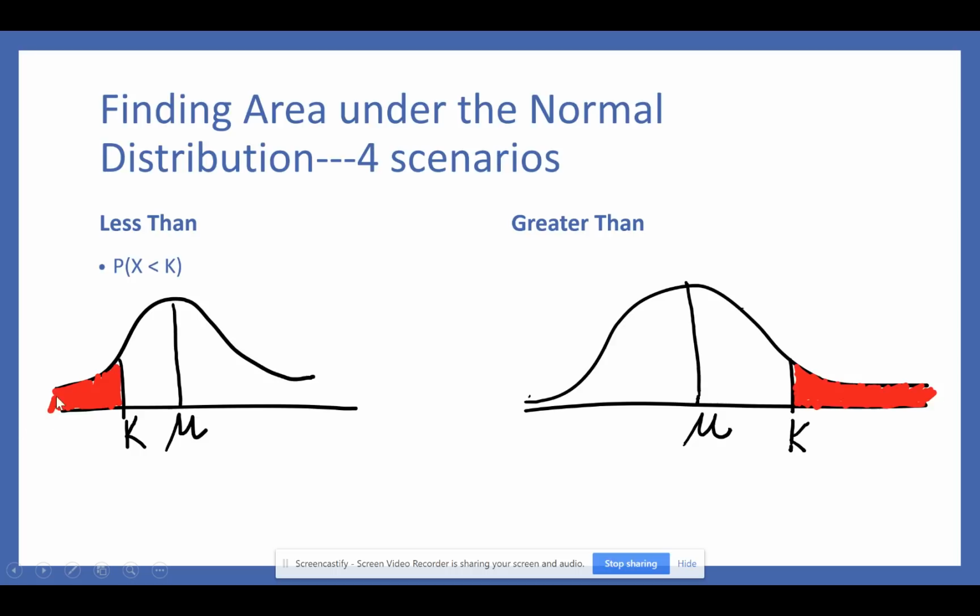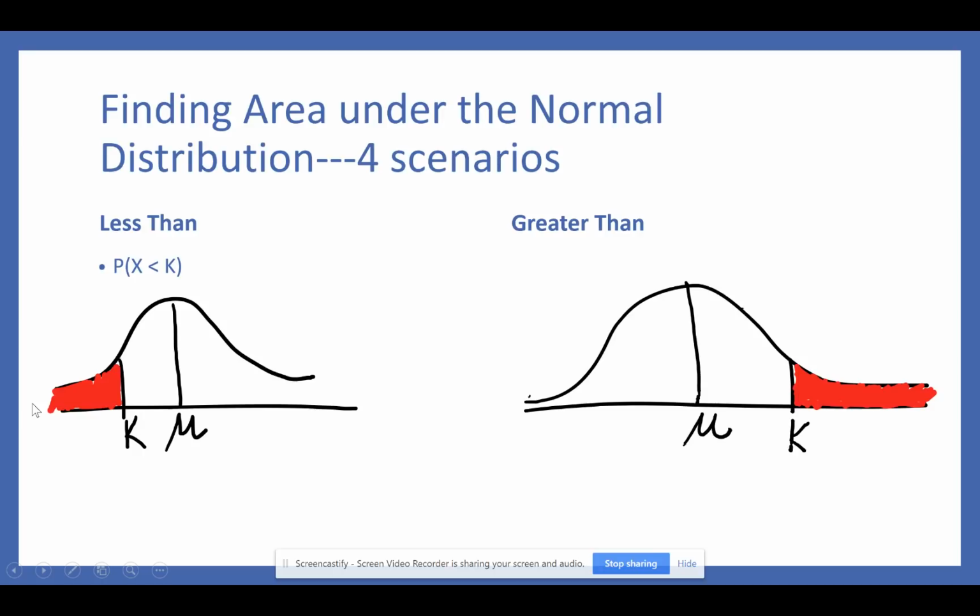And we want to be less than, so we would be to the left. Now, remember here that this is a continuous probability distribution, so this left-hand side continues on forever and ever to what we would call negative infinity.